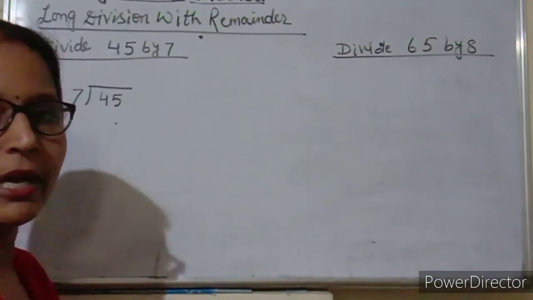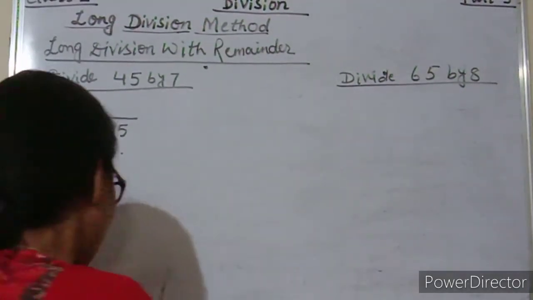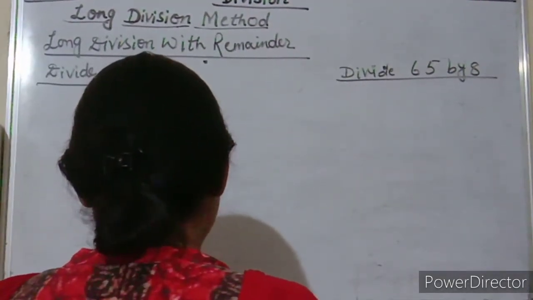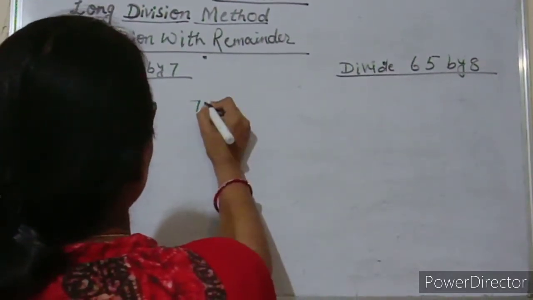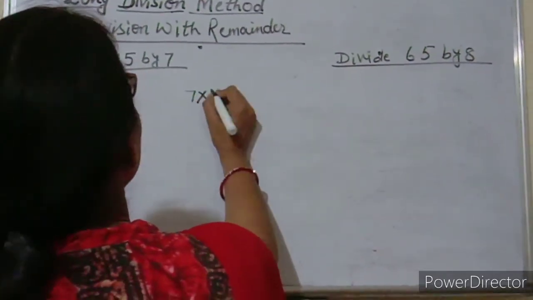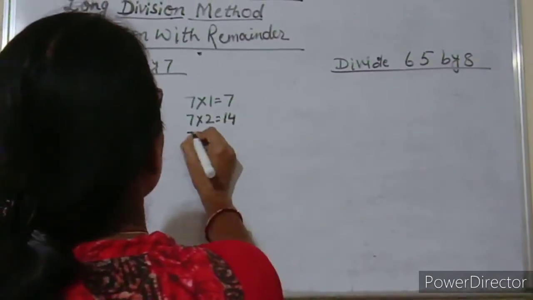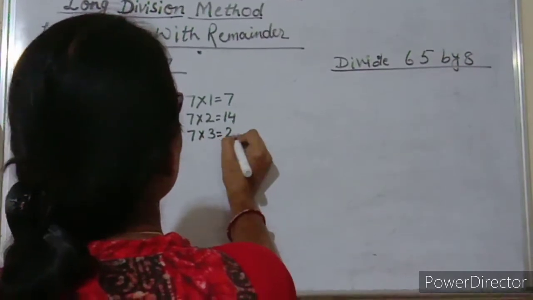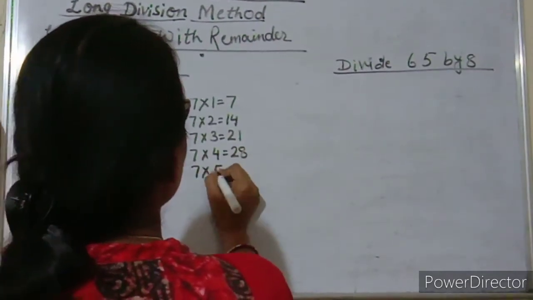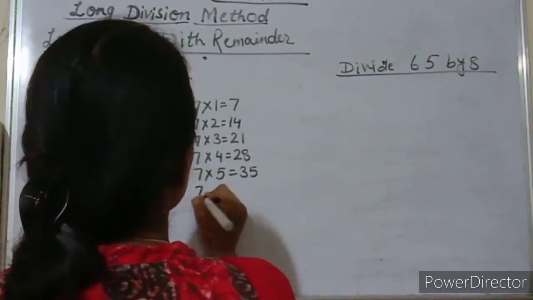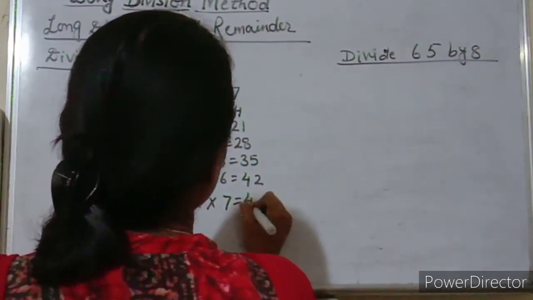Now students, what we have to do? Yes, we have to recall the table of 7 till we get a number closest to 45. This number should also be equal to or less than 45. So we will write the table of 7. 7 ones are 7, 7 twos are 14, 7 threes are 21, 7 fours are 28, 7 fives are 35, 7 sixes are 42, 7 sevens are 49.